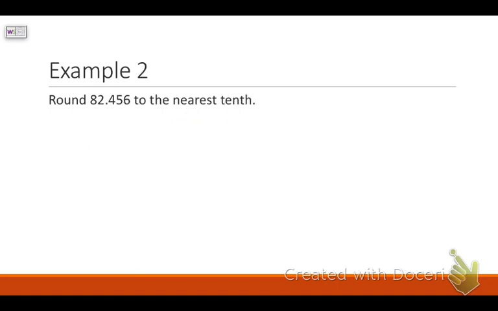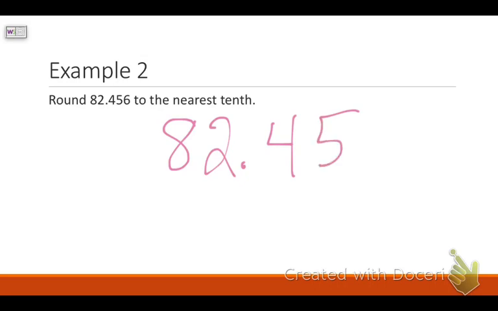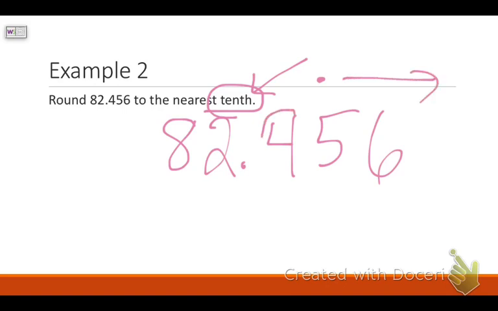Example 2. 82 and, that's what the decimal point means, 456 thousandths, and we're looking for the tenths place, nearest tenths, and remember, if it has a "ths" or a "th," it is on the right side of your decimal. Well, here is the tenths place, and we look right next door. 6 isn't important, but the 5 is.